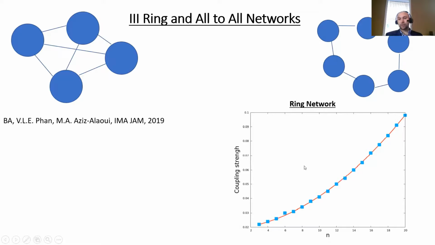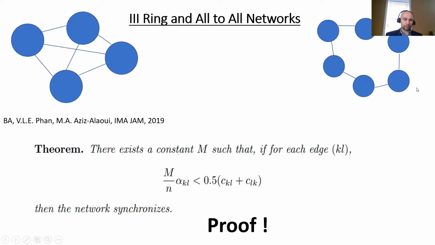And we have also a theorem, and it goes well with numerical simulations. So I didn't give the detail of the proofs, but if you want to look at the details, you can have a look at this paper. All right.